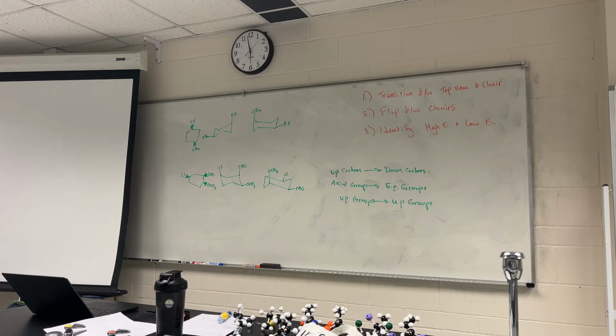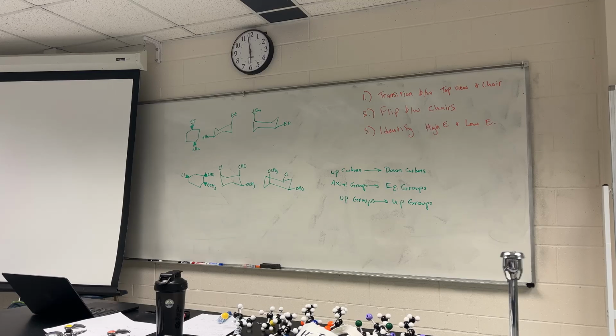So up group, up group, up group. I thought it didn't matter. So why is this one on a down carbon? It's on a down carbon, but it is an up group on that down carbon. Okay, that makes sense. So ethyl became an up equatorial.